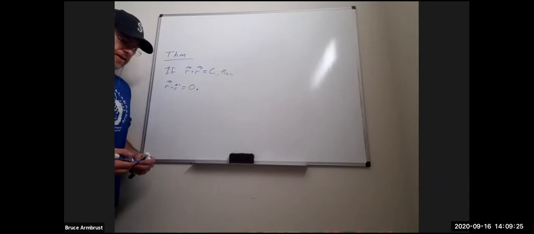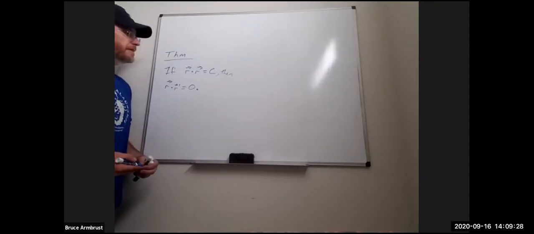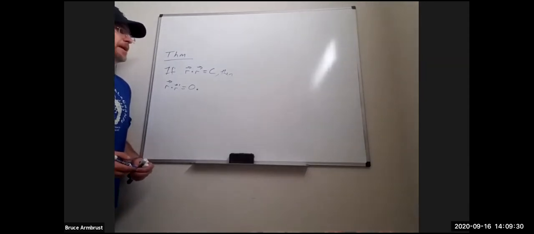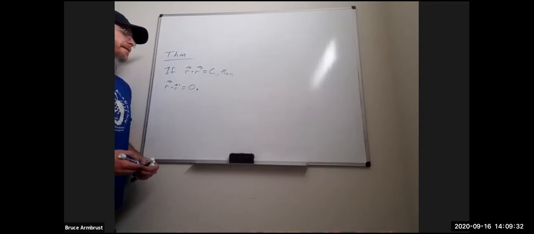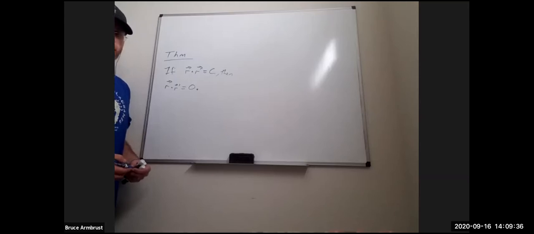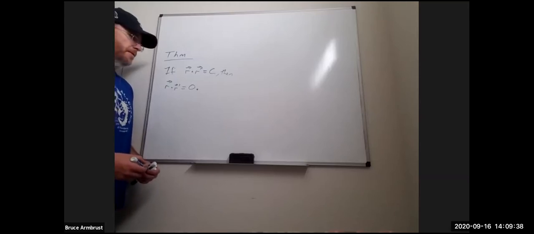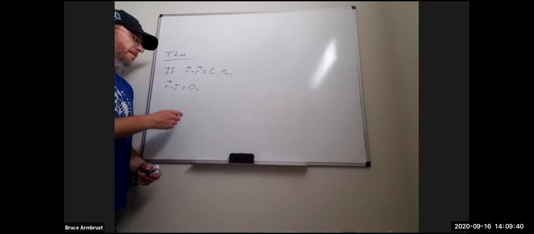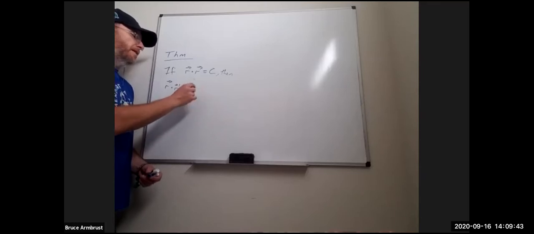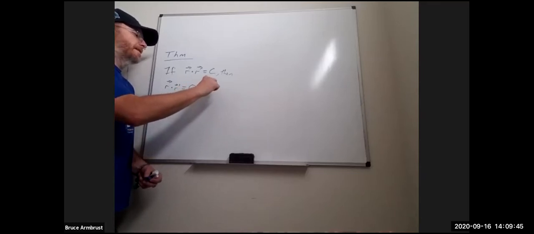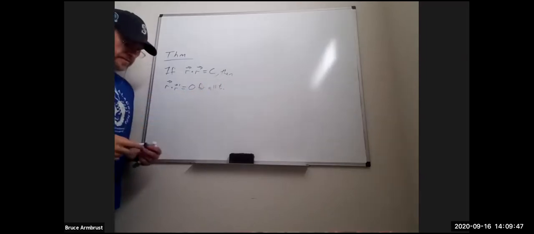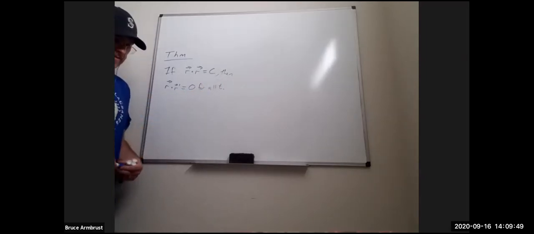If you take a vector valued function and you dot it with itself, if that ends up being a constant, then we know that r dotted with r prime is equal to 0. And I'm even going to add to this, for all t. So it will always be the case.